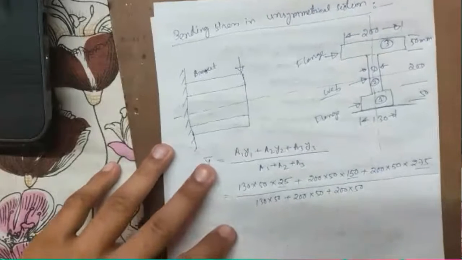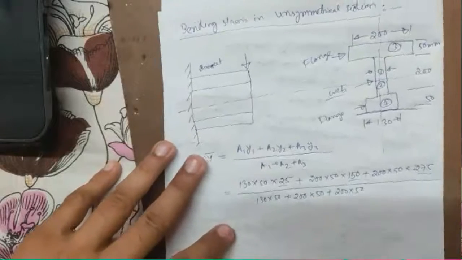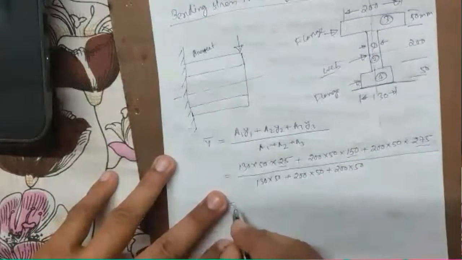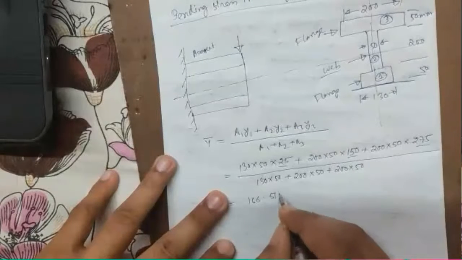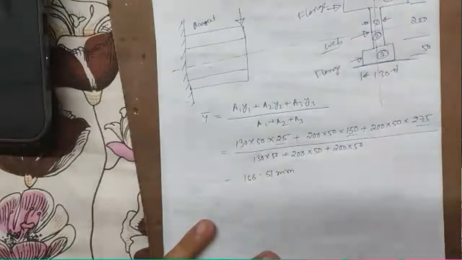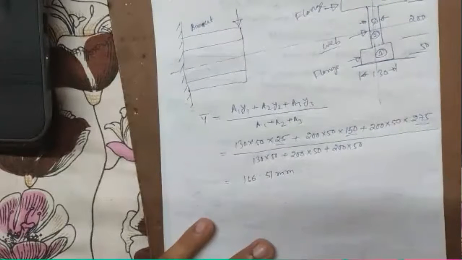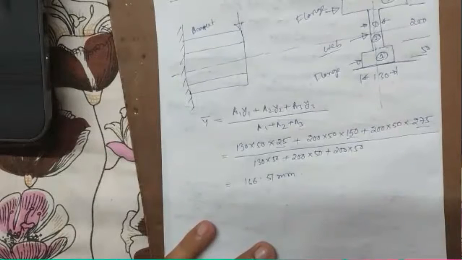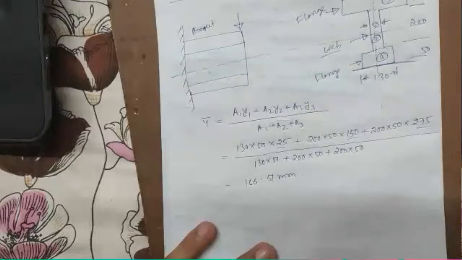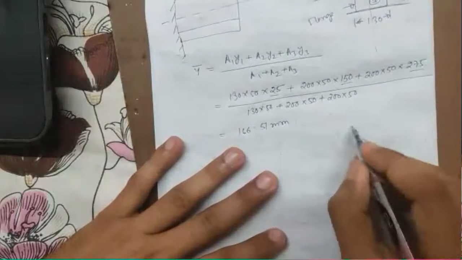Now these underlined digits are basically y1, y2, y3. Now solving this, we will get 166.51 mm. So y bar is found, 166.51 mm. So now if we draw the neutral axis separately, the image will look like this.